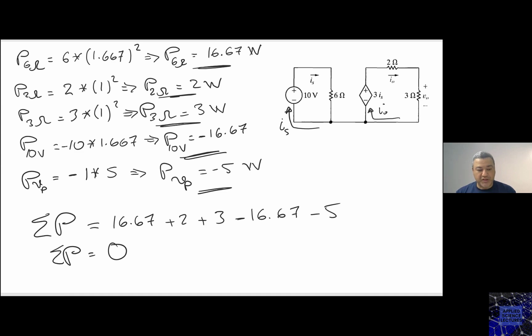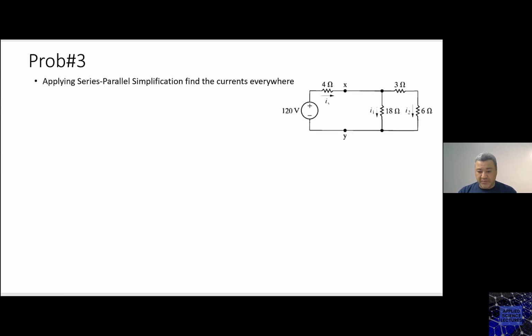Okay, so let's move on, trying to solve as many as we can with all the details required. This is applying series-parallel simplification to find the currents everywhere. You just simplify the circuit to find the current everywhere.